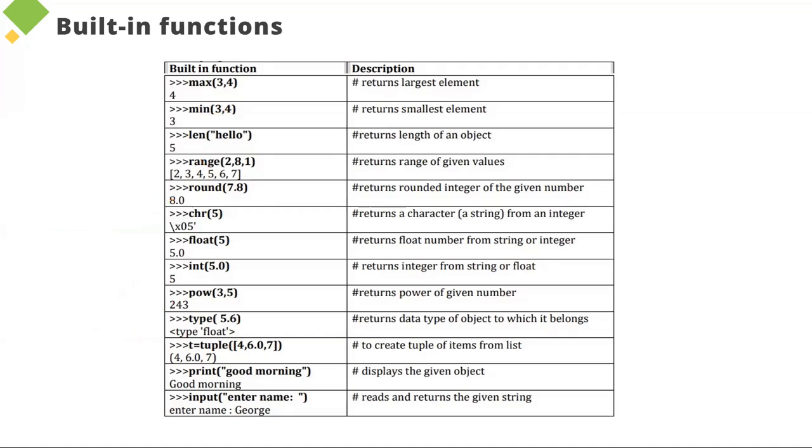Even the print function, whatever you use, print of some statement, is also already a function call of print. When you call print, it invokes the print function, and whatever string you write, it prints it on the compiler.